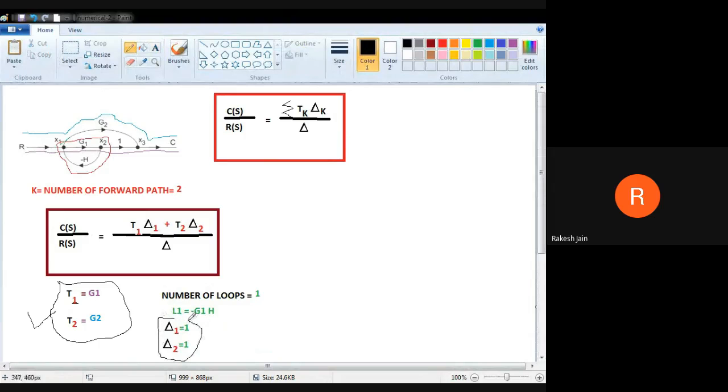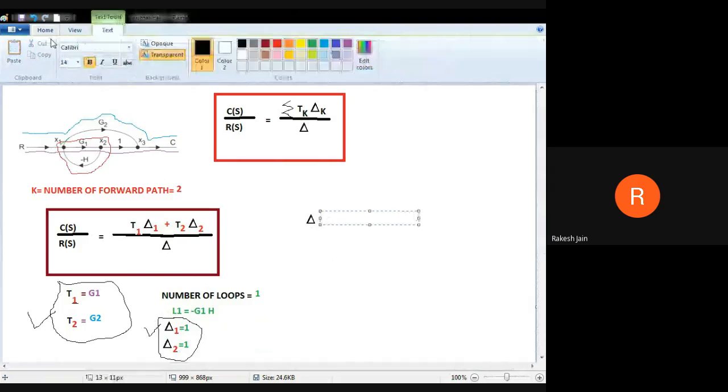Okay, so one more thing: for the formula, I found the numerator terms T1 and T2, and del 1 and del 2. I only want to find del now. So as I have already told, what is the formula for del?